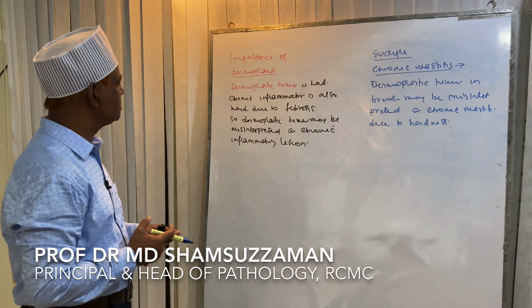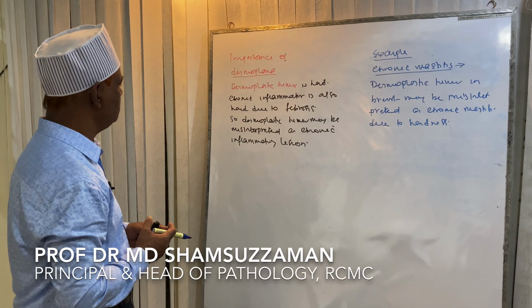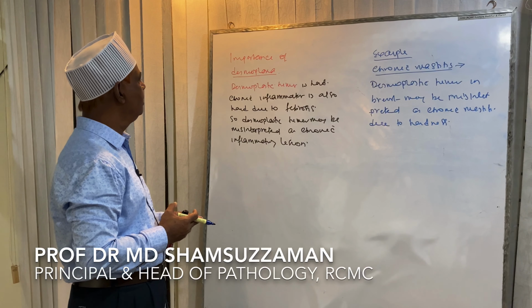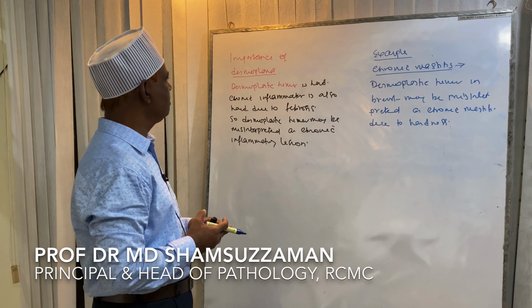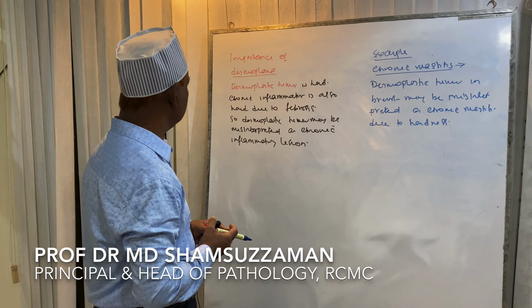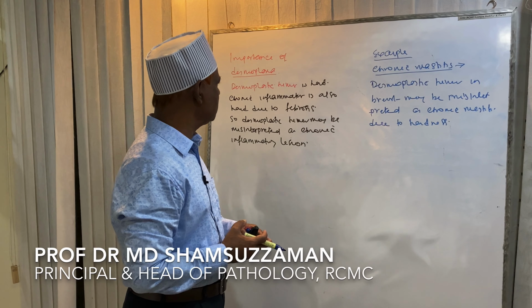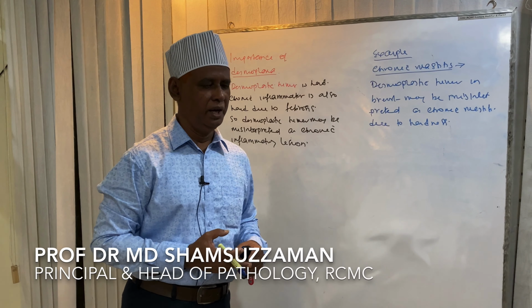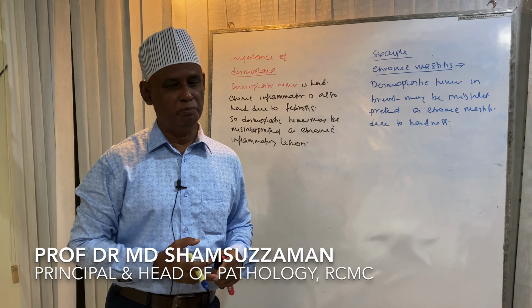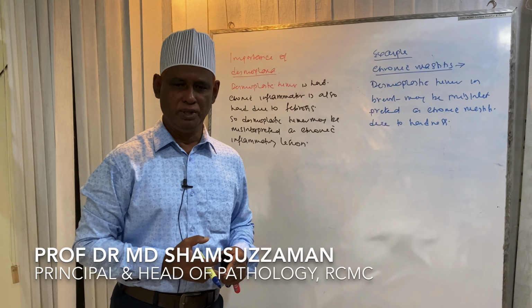I have told you the suffix used in neoplasm is oma. I have told you the component parts of neoplasm are stroma and parenchyma. I have told you about desmoplasia and desmoplastic tumor and the importance of desmoplasia. Today up to this, thanks all.